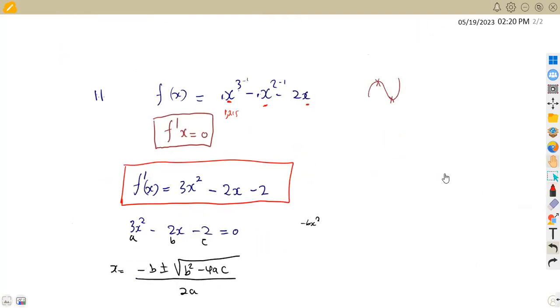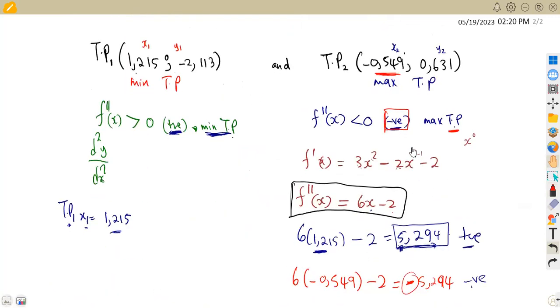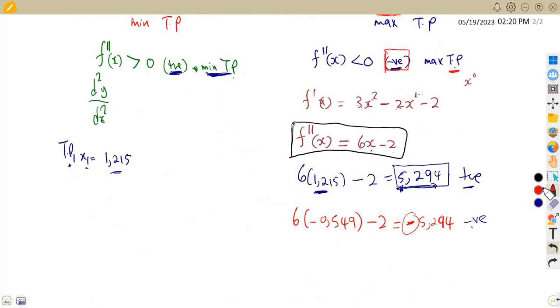For the point of inflection, this is what we are supposed to note: it's at the condition where the second derivative is exactly equal to 0. Not greater than 0, not less than 0, but exactly equal to 0, that's at the point of inflection.